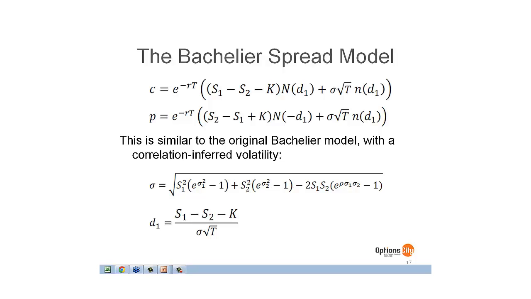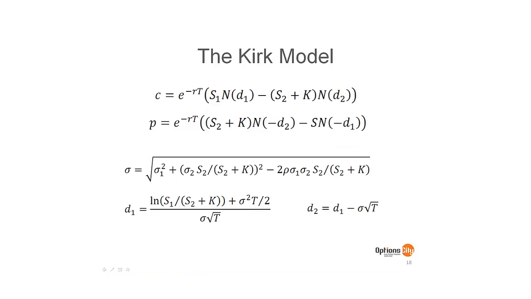Let's move on to the Kirk model. This is the Black-Scholes variant that also takes the same concept. So here we have the volatility of the second leg, the volatility of the first leg, and the cross-correlation component, and that's all added up, put in the square root, and we get a vol.